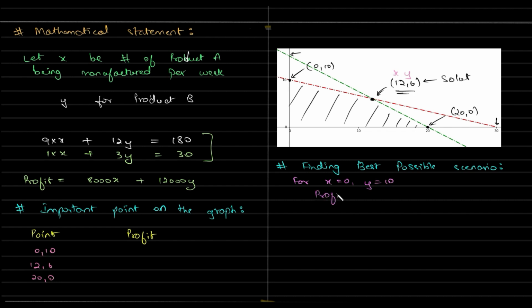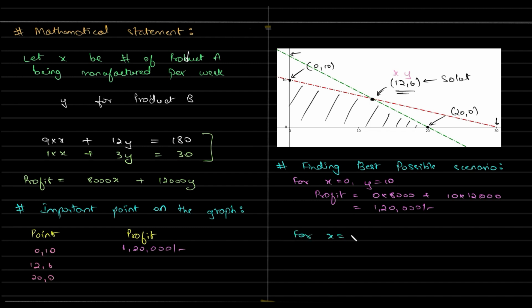So we're looking at a profit of 0 into 8,000 plus 10 into 12,000. So we have 1,20,000. Okay, if we manufacture 0 of this and 10 of this in a week, the company gets a profit of 1,20,000.